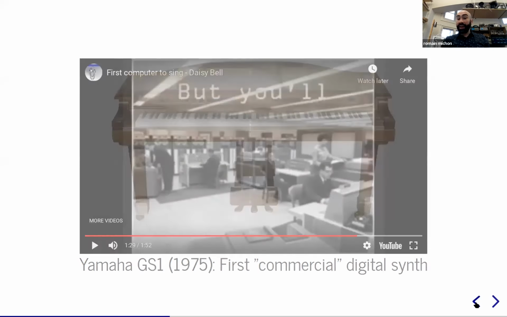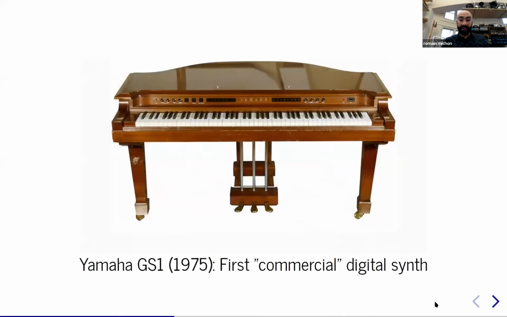Anyway, so 1958, 1962, and then a couple of years later, in 1975, Yamaha started a collaboration with, well, the collaboration started before 1975, but Yamaha had this collaboration going with CCRMA. CCRMA was the place where frequency modulation synthesis was invented.